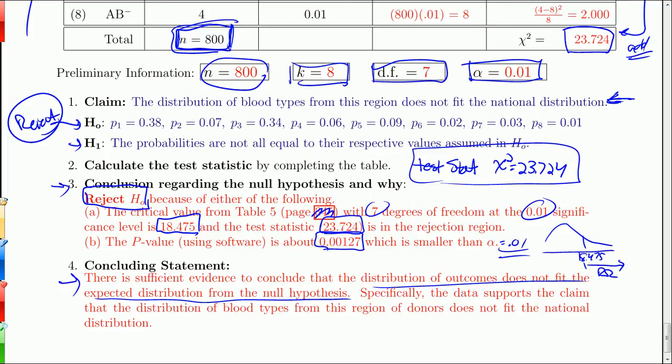Again, that is fairly cryptic, and somebody might not know what you're talking about with all the hypotheses in there. So specifically, the data supports the claim that the distribution of blood types from this region of donors does not fit the national distribution. And that's a sentence that makes sense, and almost anybody could understand it, even if they have never taken a statistics course.